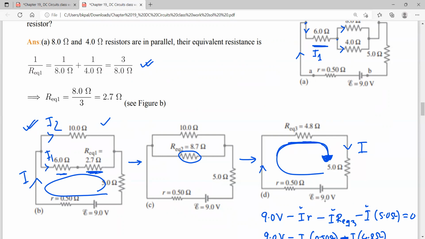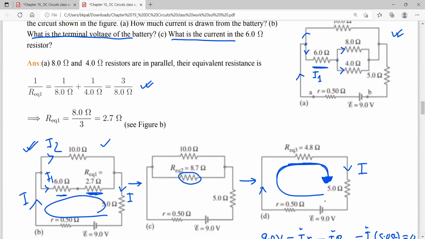So you see that there is only one path here. The same I1 is going through 6 ohm and also the equivalent resistance, and then this is again I. I we already know, so the only unknown here is I1.